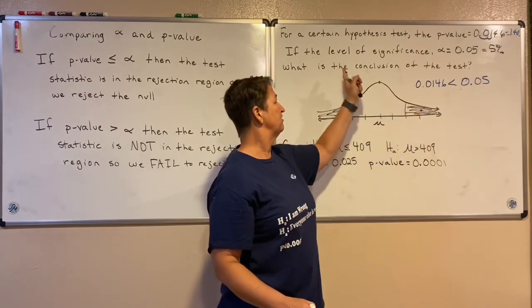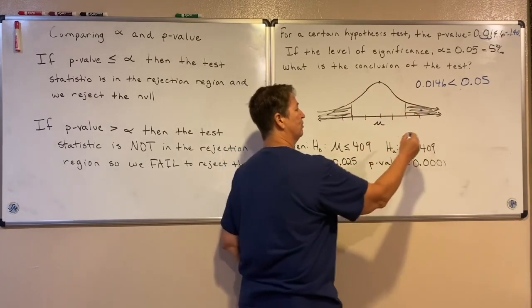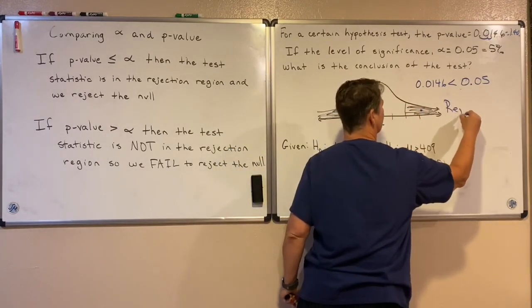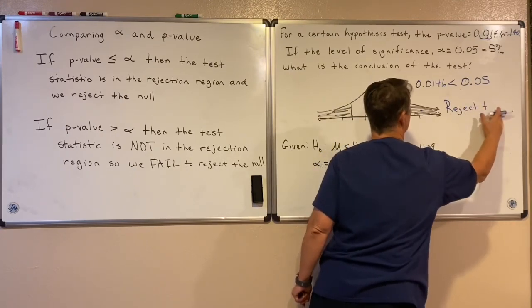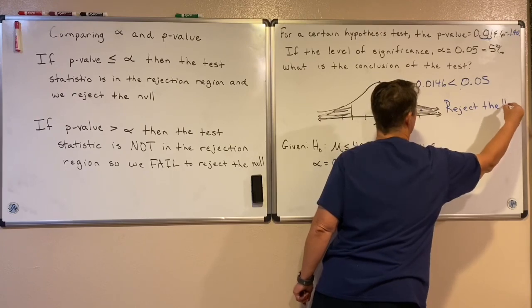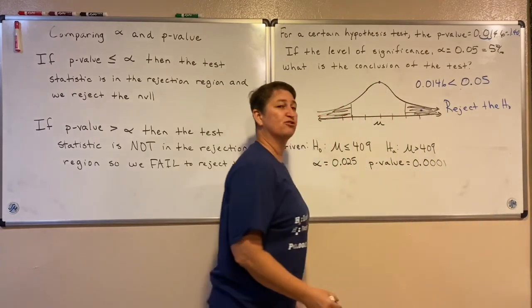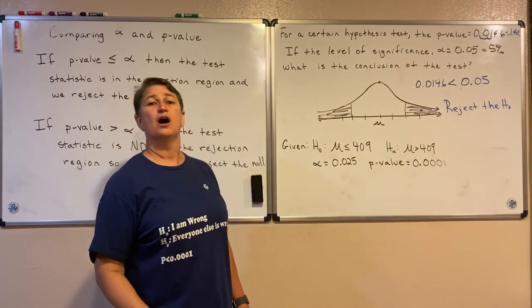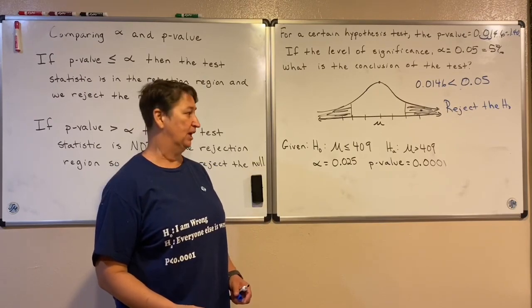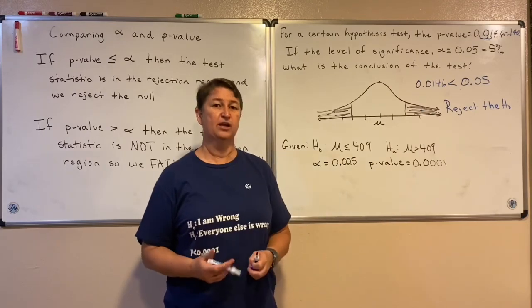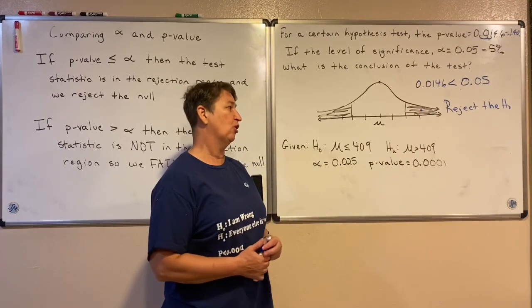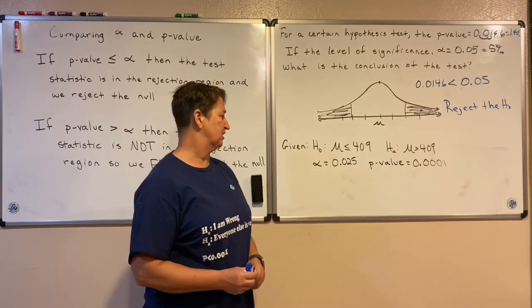So in this case, the conclusion of the test would be to reject the null. We would reject the null hypothesis. And we would have support then for our alternative hypothesis claim. That's rare that it would happen. Pretty rare. There's something weird going on. So we think that the null hypothesis should be rejected.